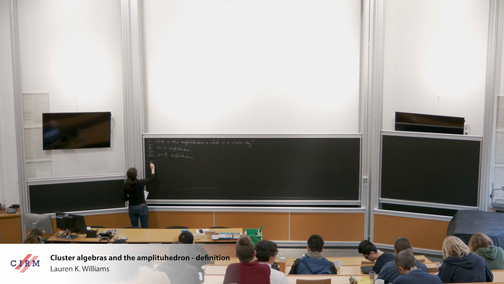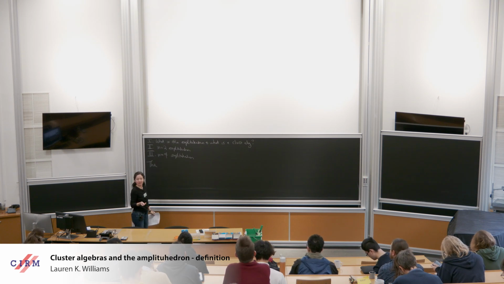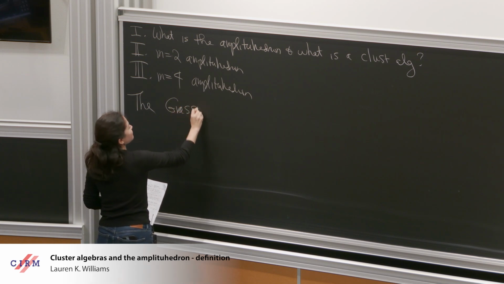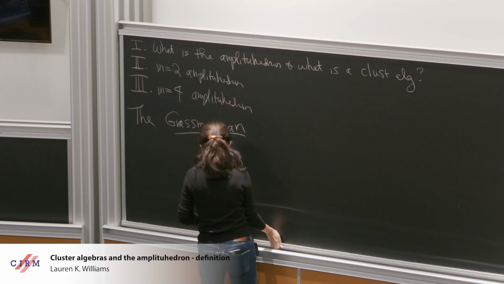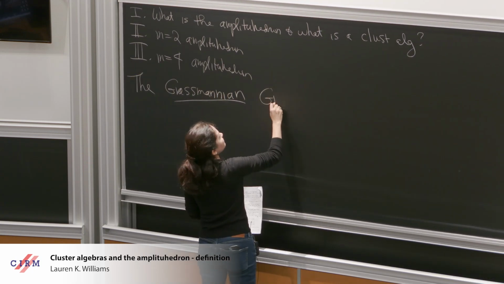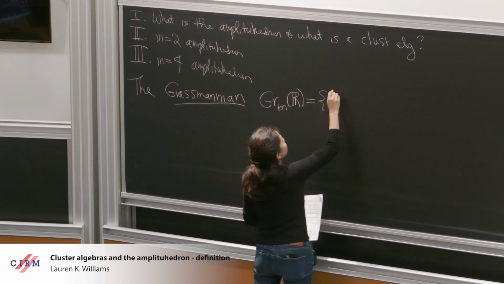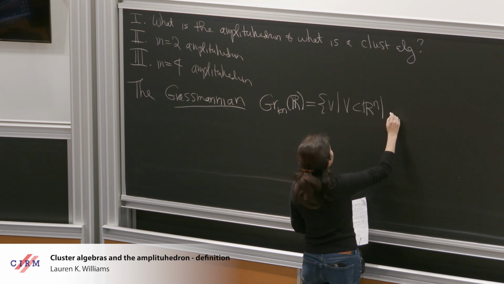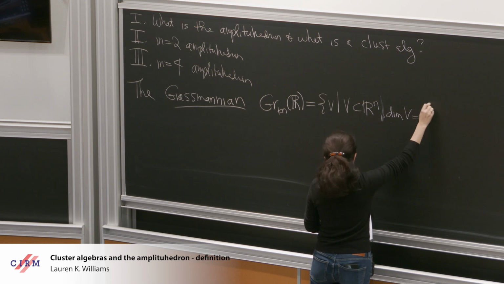Okay, so in order to talk about the amplituhedron, I need to first talk about the Grassmannian and the positive Grassmannian. So the Grassmannian, Gr(k,n) of R, is the set of all subspaces in an n-dimensional vector space which have dimension k.